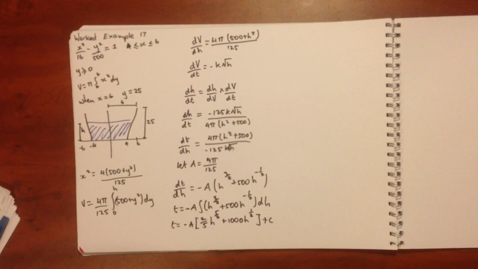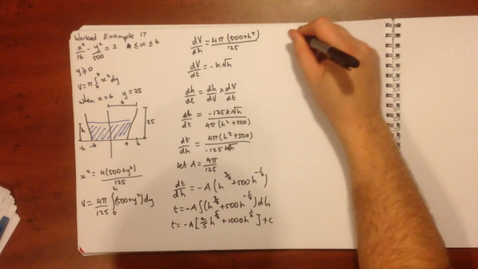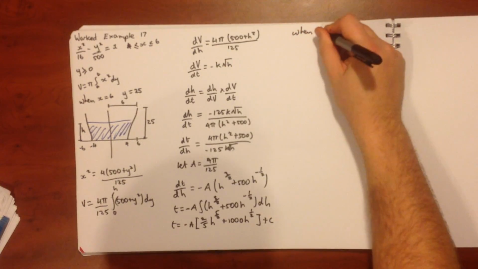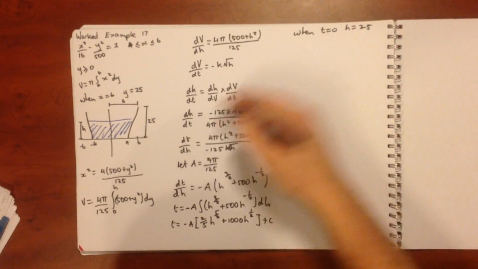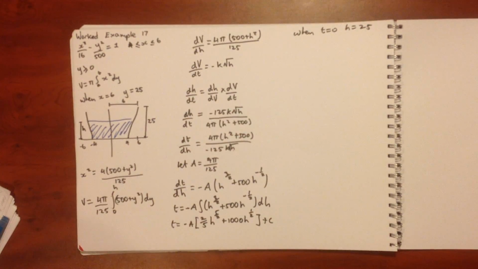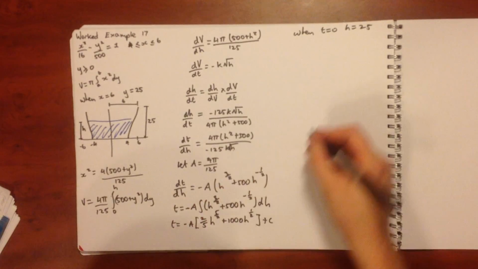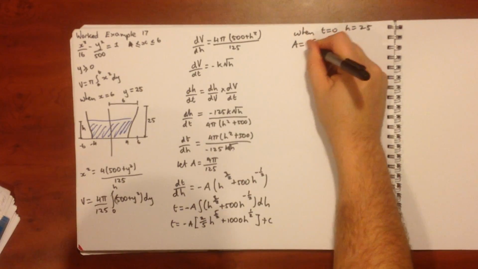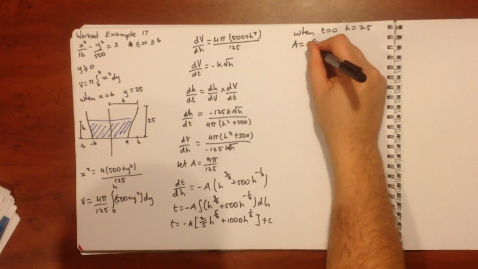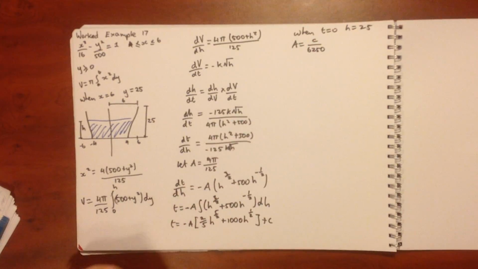So what we need to do is use some of our initial conditions. We know when t equals 0, h was equal to 25, because that was our maximum volume. When we do that, we find that c is equal to 6250 times a.